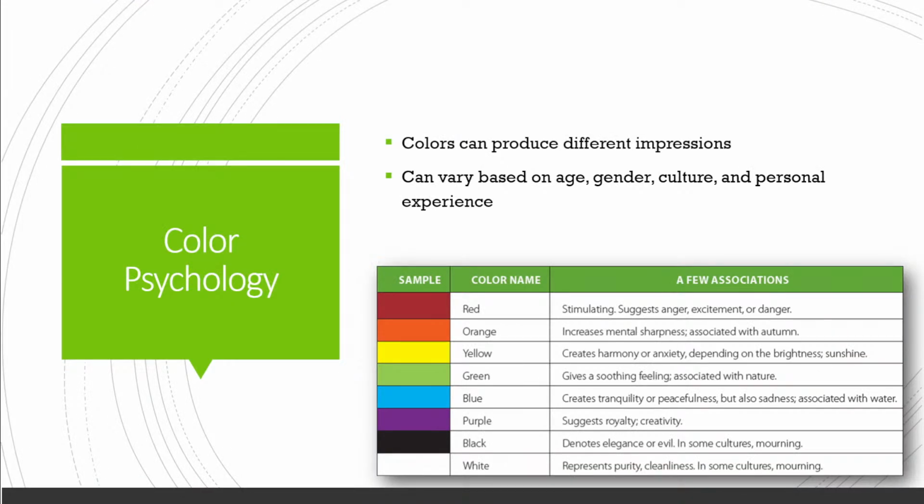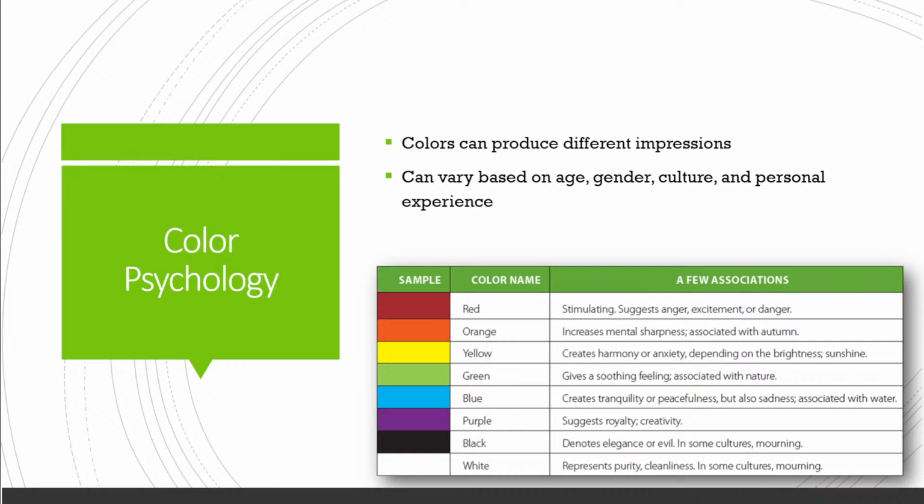So just really quickly, let's talk about some of the other things that are related to this stuff, right? So color psychology, kind of a pseudoscience, where we have these associations with different colors. This also changes culturally, right? For example, you see the last two colors on the list here, black and white.